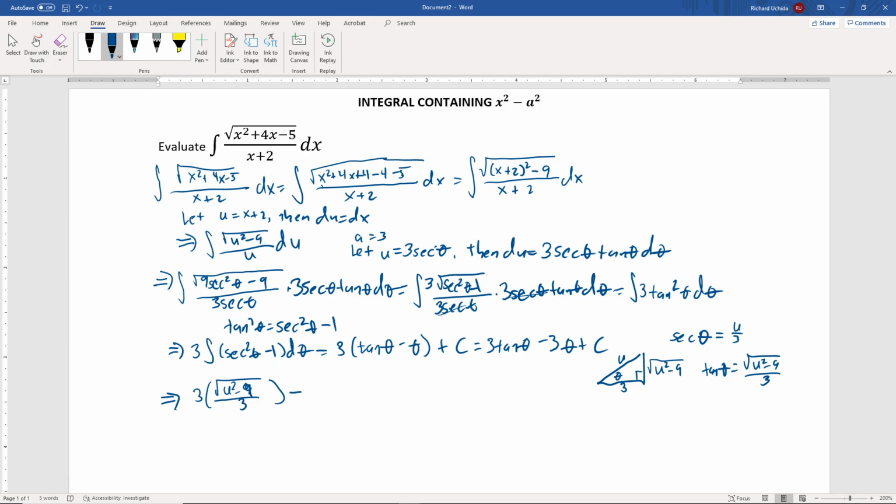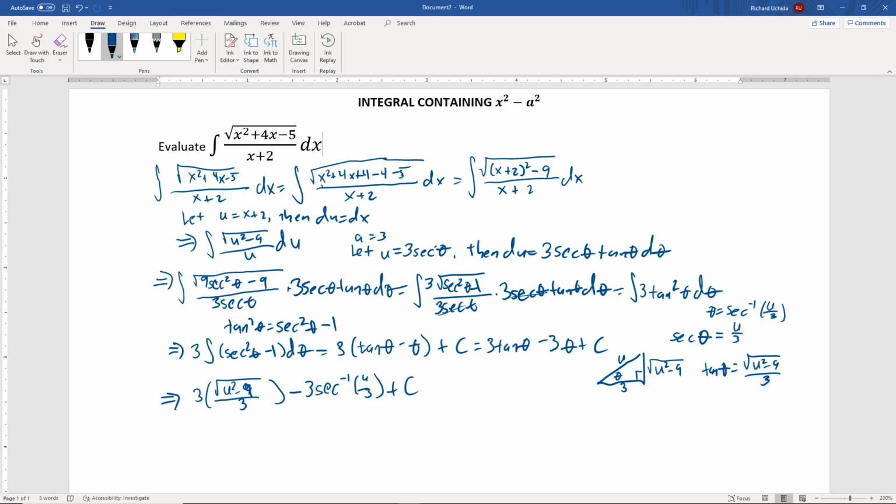Well, if secant of theta is equal to u over 3, then theta is equal to secant inverse of u over 3. Or you could also say that theta is equal to cosine inverse of 3 over u. Either one would be the same. So we'd have 3 times the secant inverse of u over 3, and then plus c.